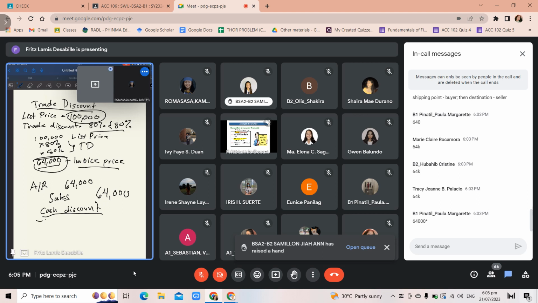Usually the cash discount can be seen in the terms of the receivable, for example 2/10, n/30. This means there is a 2% discount if the customer pays within 10 days.